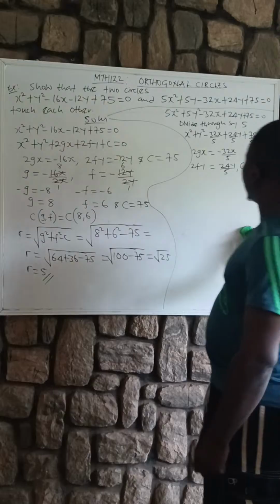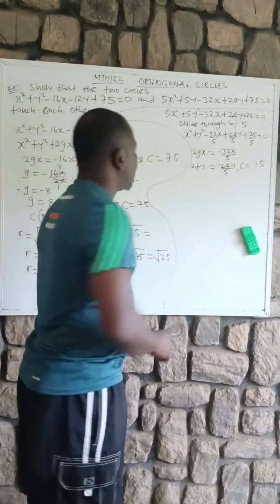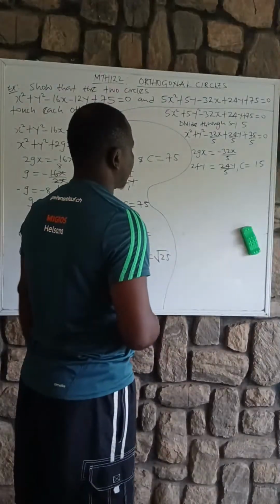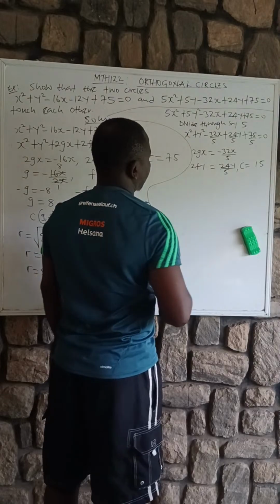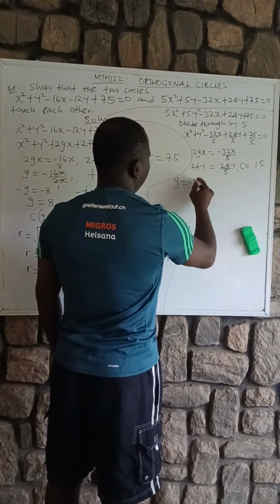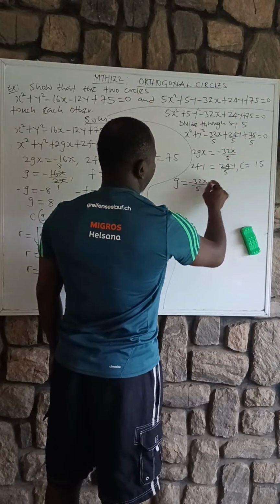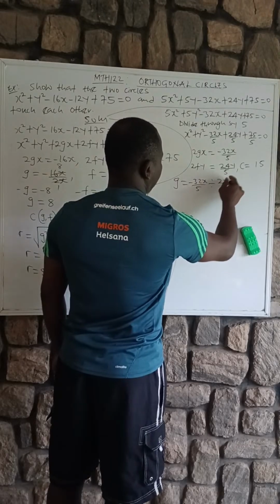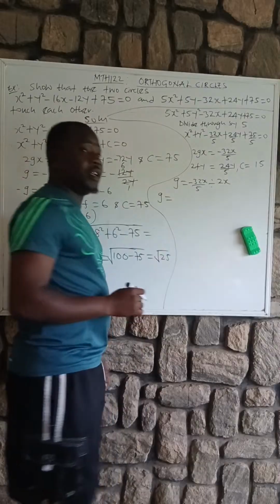So now what are we going to do? Let's find G. Our G will now become minus 32x all over 5 divided by 2x.